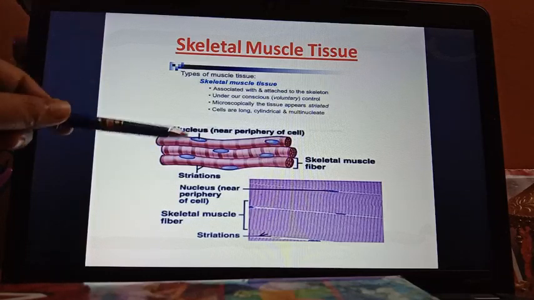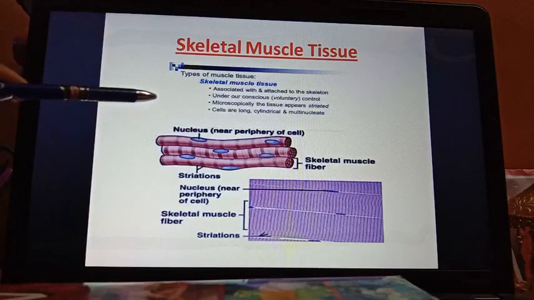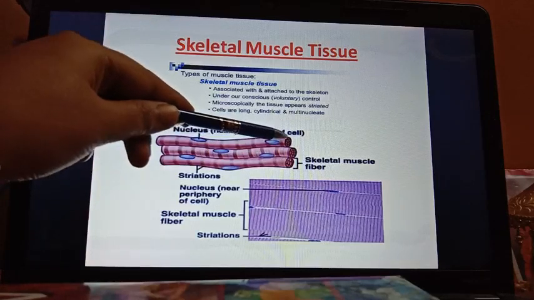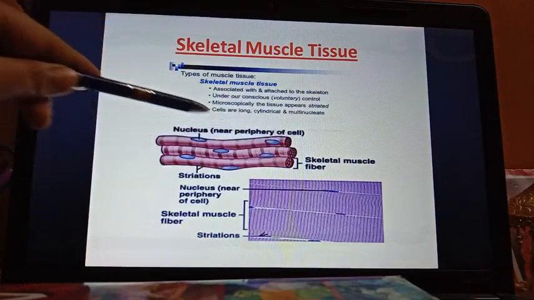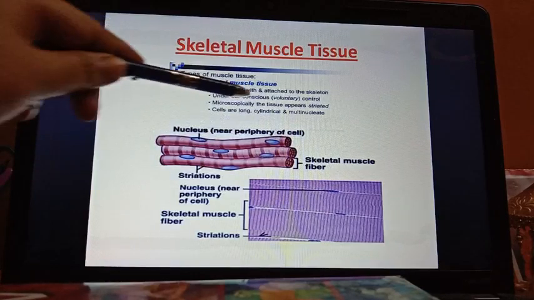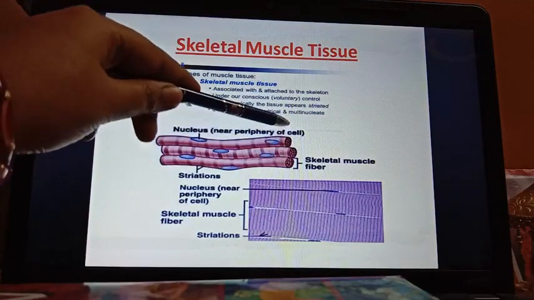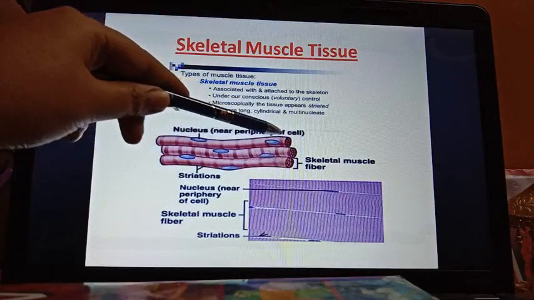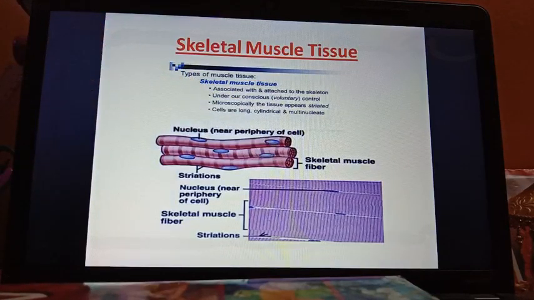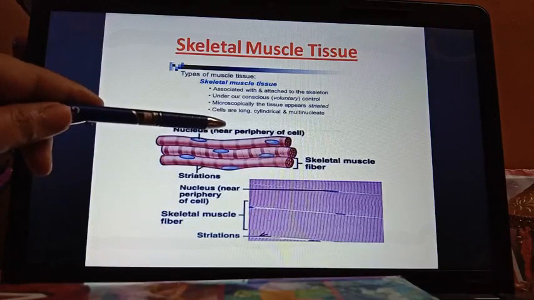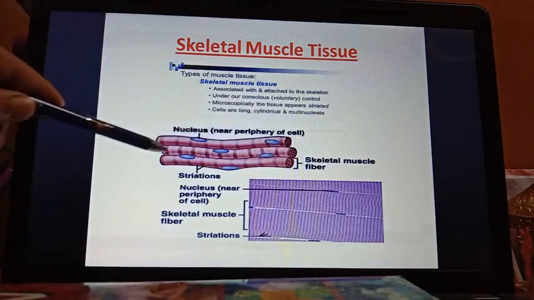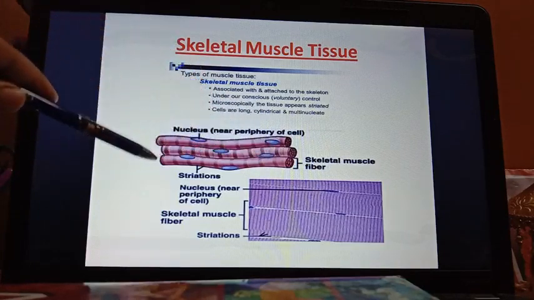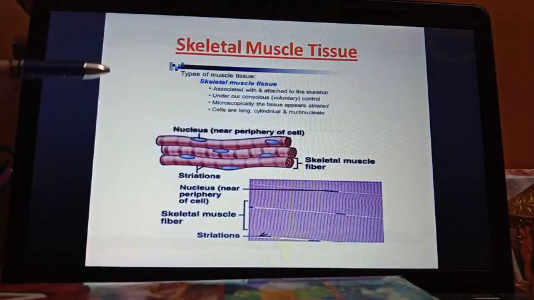If you see the diagram of the skeletal muscle tissue, you can see that they are long, cylindrical and non-tapering at the ends. What is the meaning of non-tapering? That means they are not narrowing at their ends. The muscle fibers do not branch and run parallel to each other. You can see they are all parallel to each other.